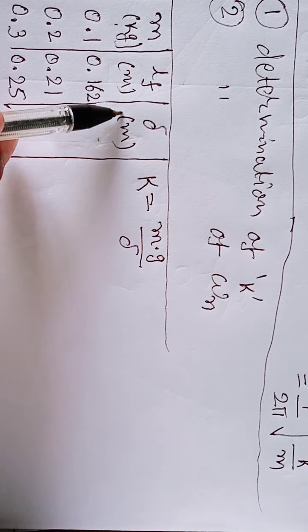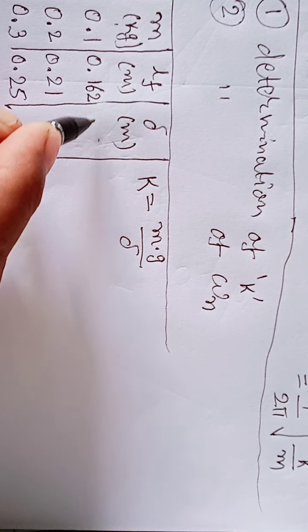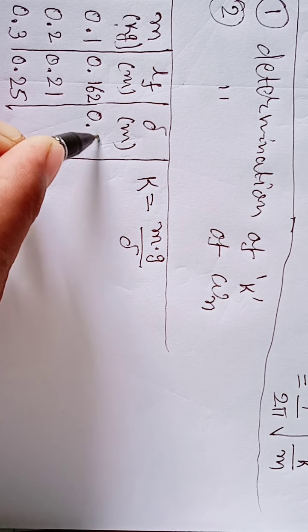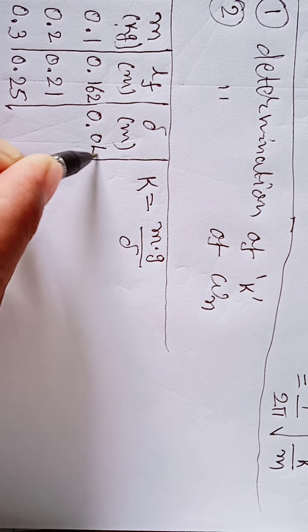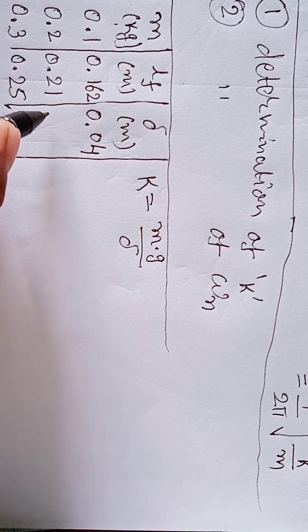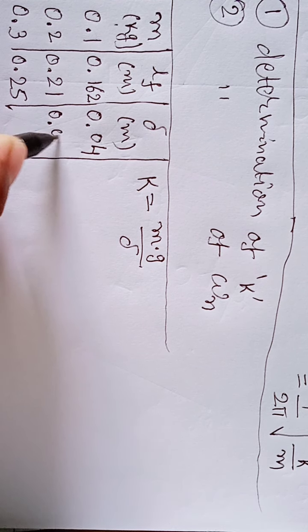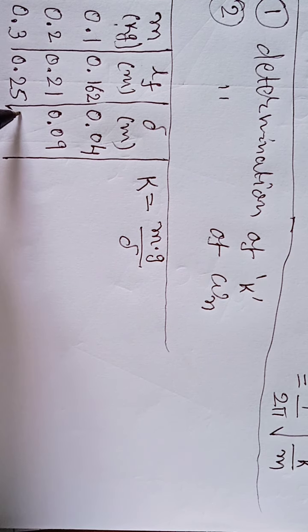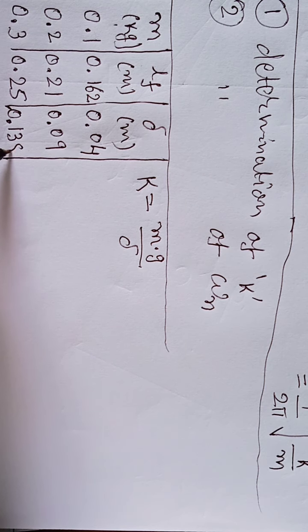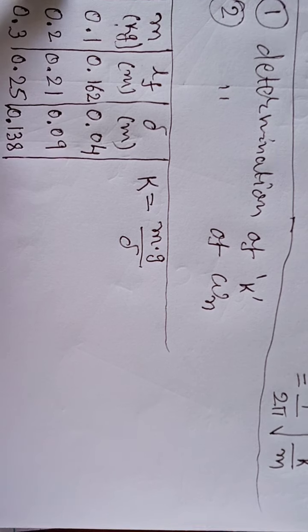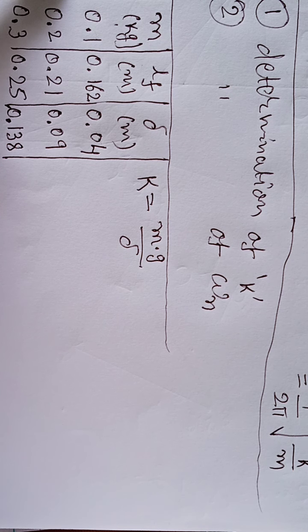Okay, so from here deflection values are 0.04 meter, 0.09 meter and 0.138 meter. Initial length will be constant, it is 0.12.